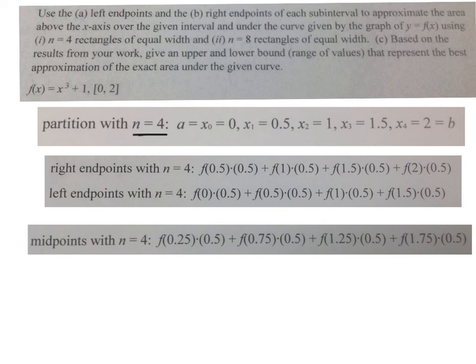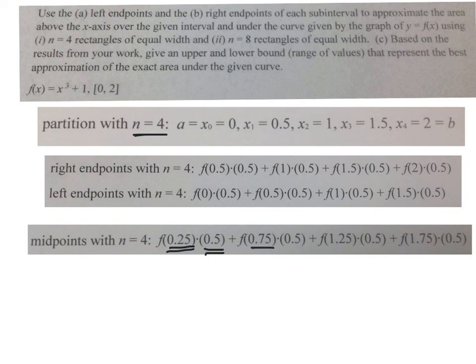Again, with just the n equal 4, 0 to 1/2 would be our first subinterval. The midpoint of that would be 1/4. So f of 1/4 times the width of that rectangle.